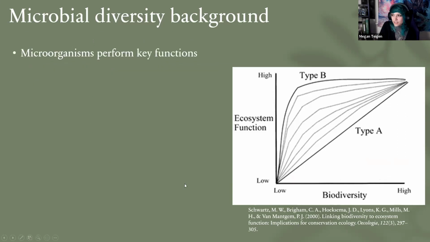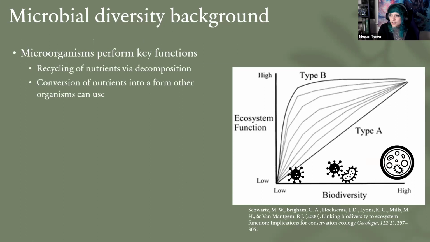Microorganisms specifically perform key functions in an ecosystem. They recycle nutrients via decomposition. They break down dead plant and animal matter, and then they convert those into a form of nutrients that other organisms like plants and other bacteria can actually consume and use for growth.